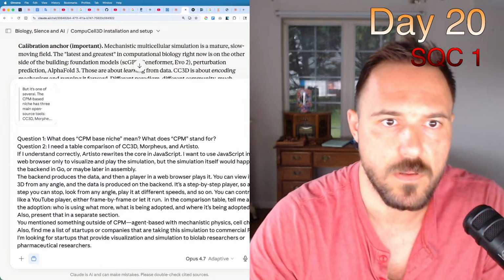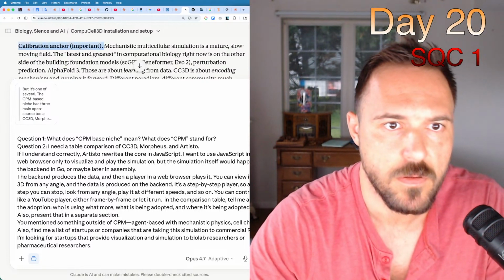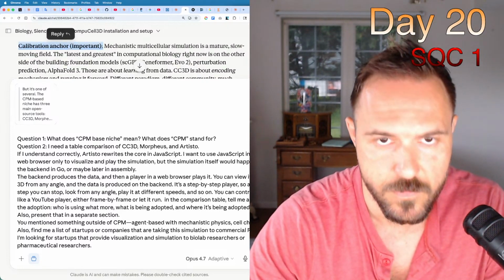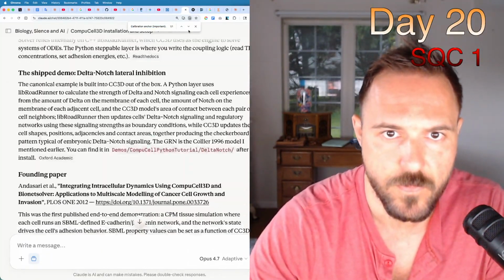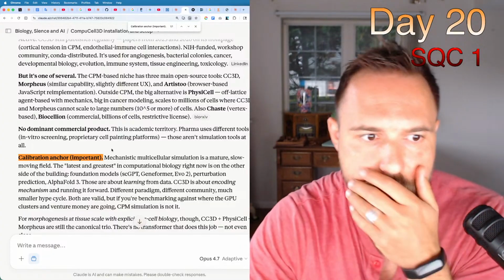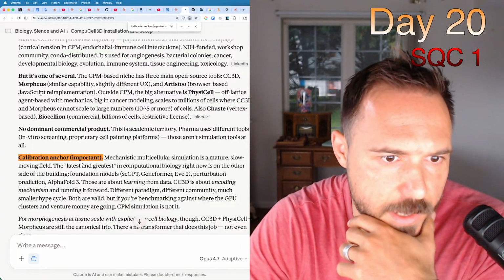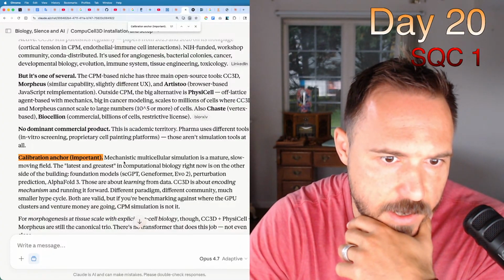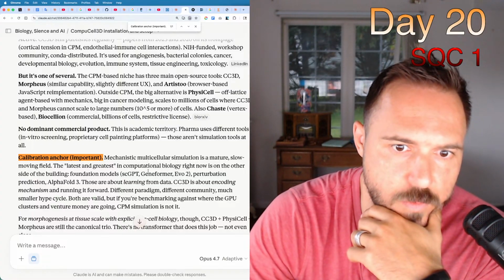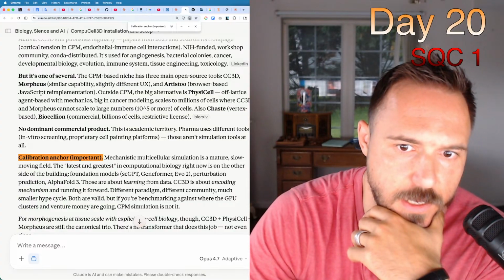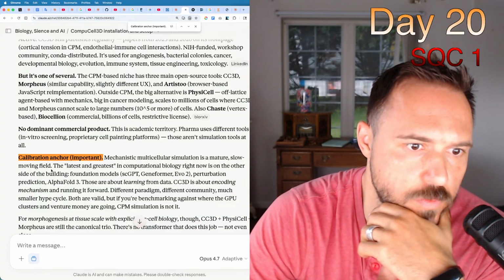Okay, I need to find. Calibration anchor, important. Mechanistic multicellular simulation is a mature, slow-moving field.